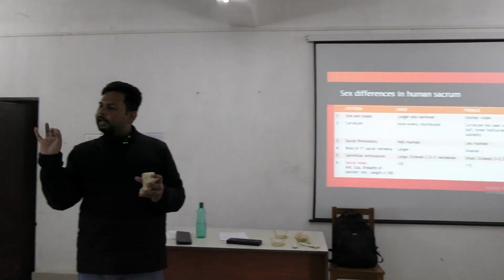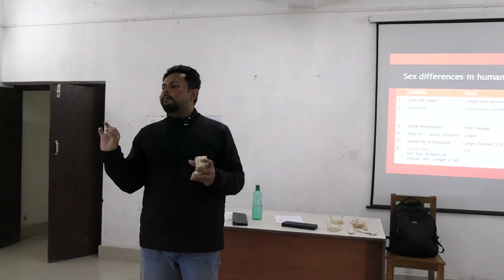In the exam also you have to write, but you will not write both male and female features, only the findings. If you have a male sacrum, you will write the parameters of a male sacrum, not the female ones. If somebody gets a female sacrum in their exam, you will write the features of a female sacrum, not both.